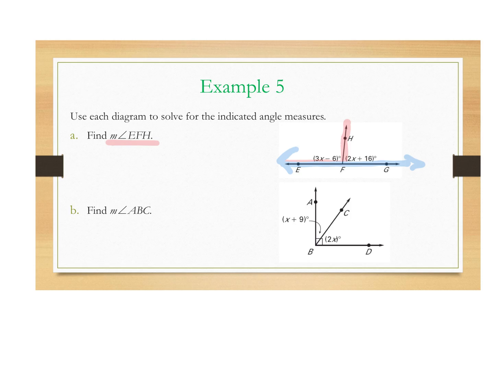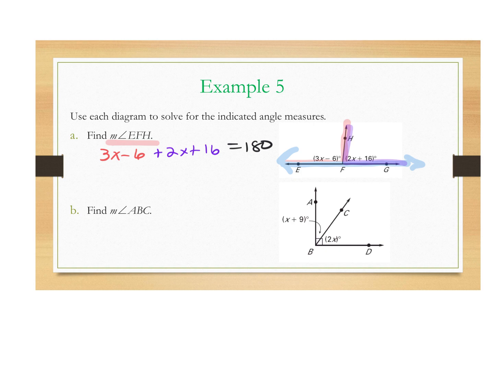So what I can do is I know a linear pair is a supplement. So I'm going to add 3x minus 6 to this angle over here, HFG, x plus 16, and set it equal to 180.